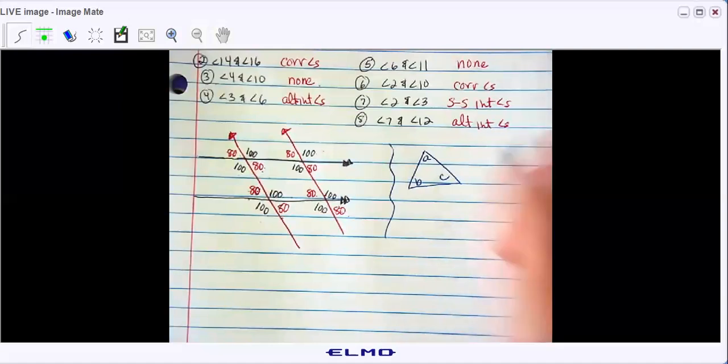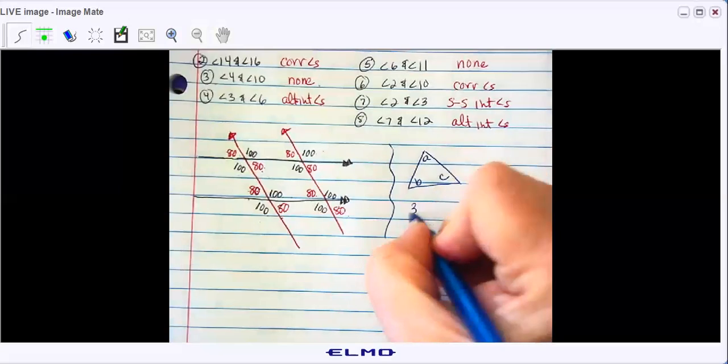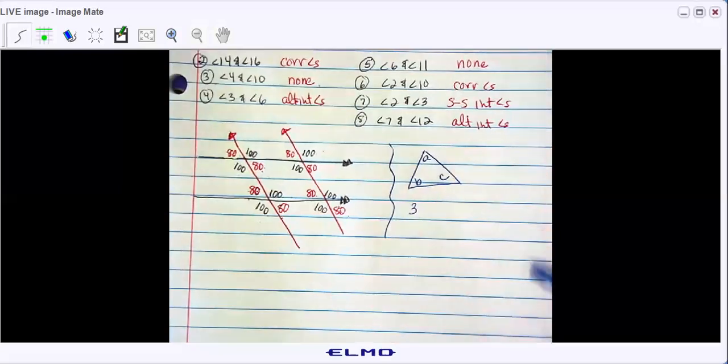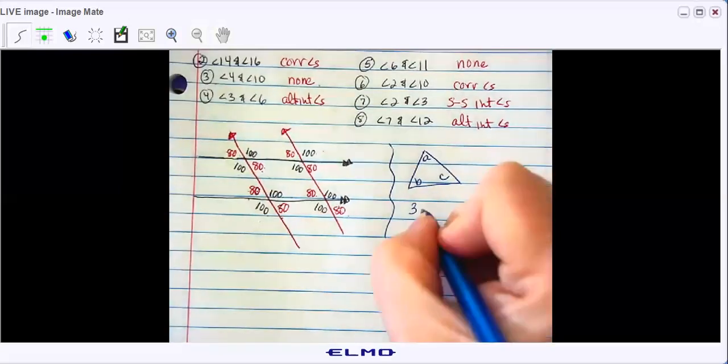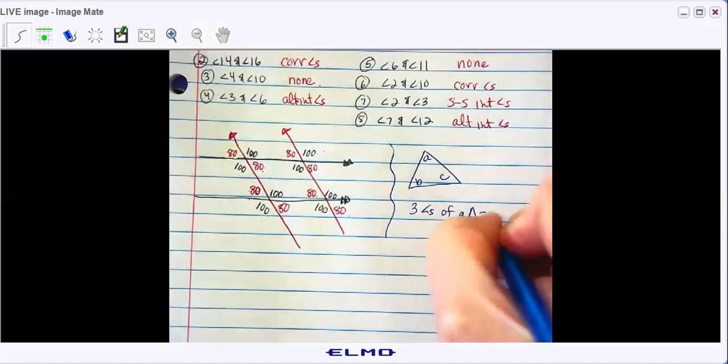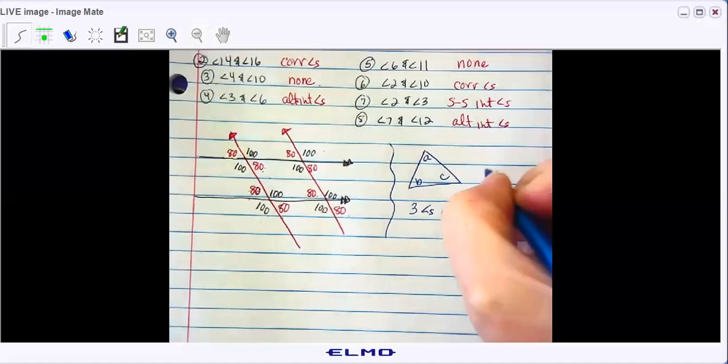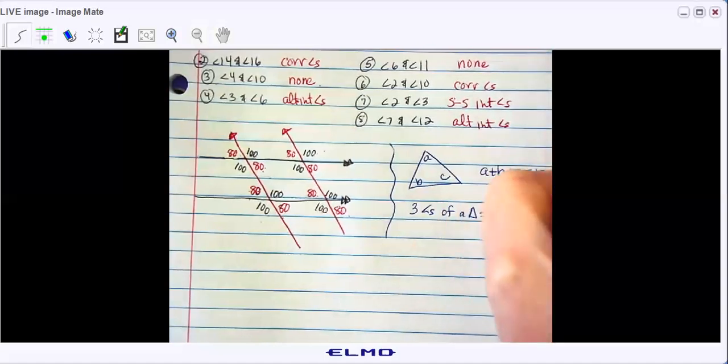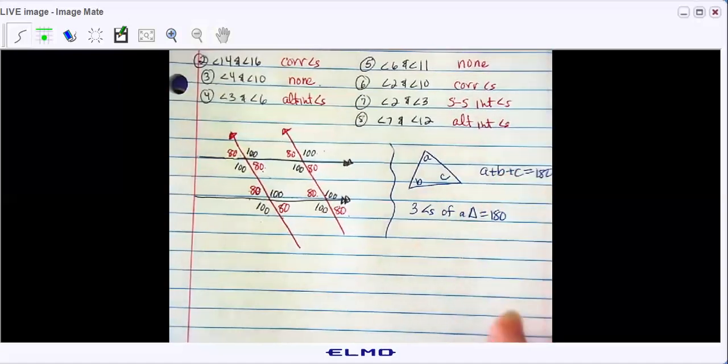Okay. So the three angles, what is it? 180? Yep, good. The three angles of a triangle have to equal 180. So we know that A plus B plus C is equal to 180.